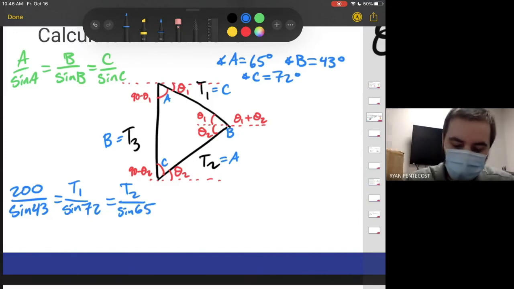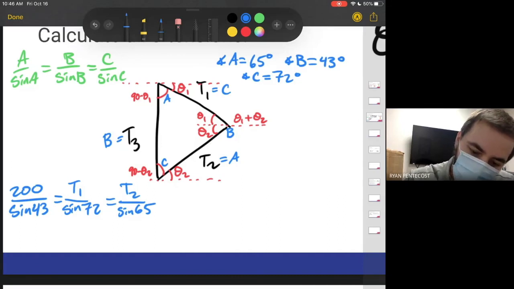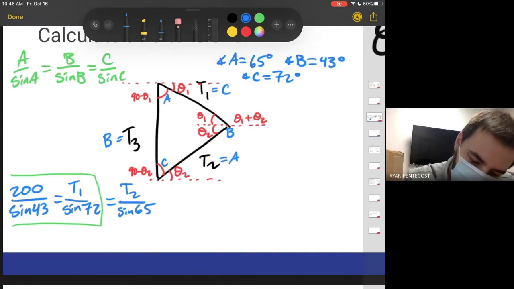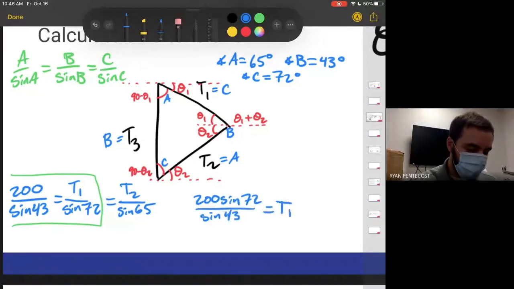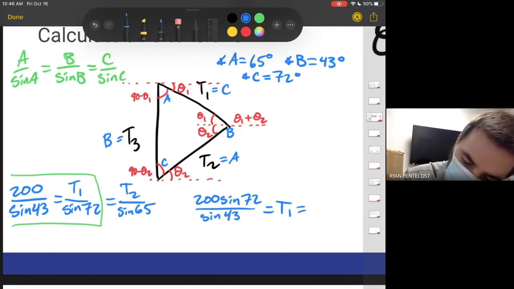Now you just need to multiply over. So let's solve this first. If we solve this, we have 200 sine 72 divided by sine 43. That would equal T1. Let's prove that we're pretty close to what we had before. That gives us 279 newtons.